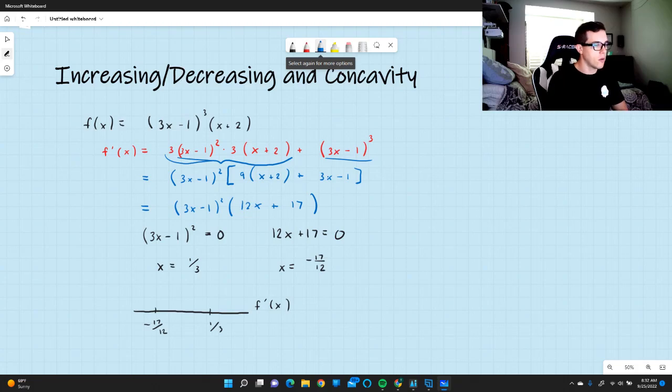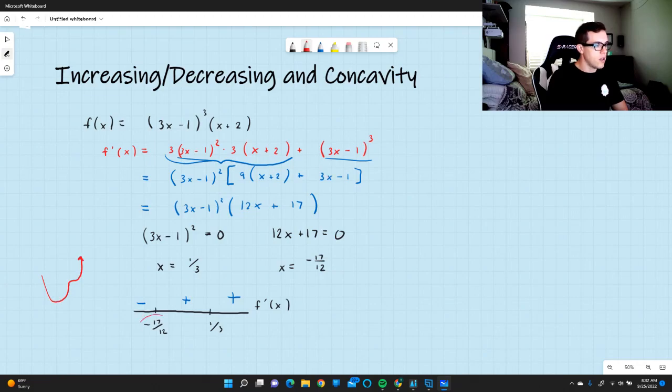So I'm going to start with something bigger than 1/3, like 10, positive, positive, so positive. Let's plug in 0, negative squared. So this term's always positive, so I really don't even need to think about that. When I plug 0 in here, I'm also positive. When I plug in a negative 10 here, that's the negative. So I know this function, if I were to try to do a little curve sketch, decreased, hit its min, increased, leveled out, and then went up some more.